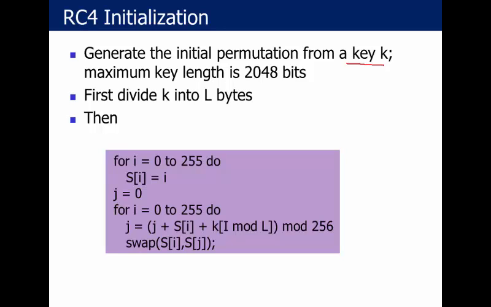So that key can be shared between your station, your laptop, and access points very, very easily. The maximum length is 2000 bits. So K can be used to generate the initial vector.